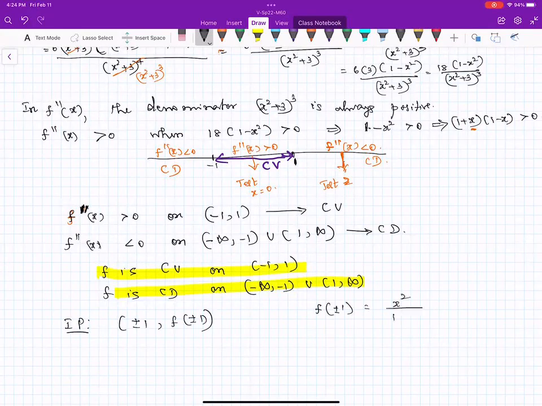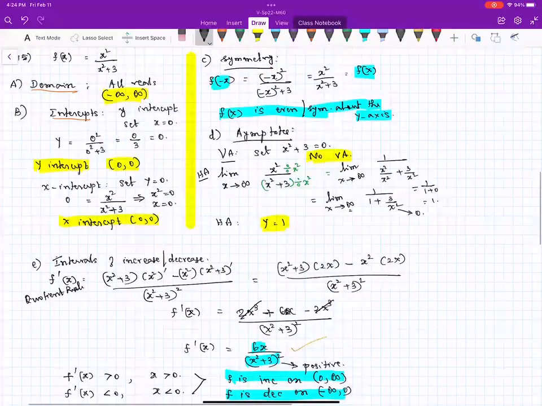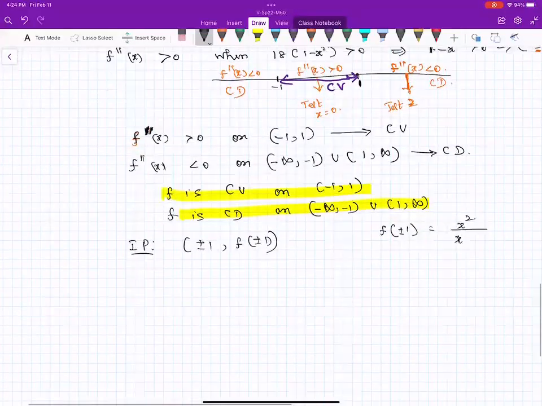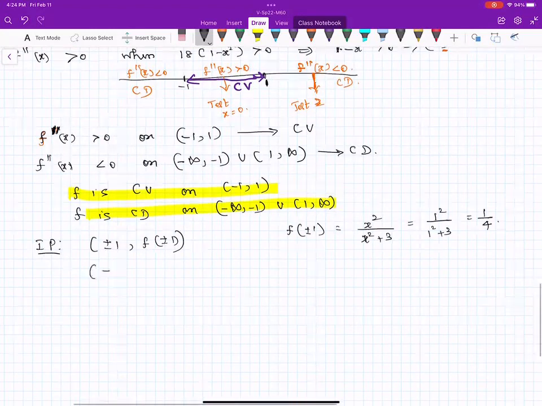What is the function? x squared over x squared plus 3. Suppose you plug in 1, so it's 1 squared over 1 squared plus 3, which is 1 over 4. So irrespective of the sign of the x coordinate, the y coordinate is always positive because the function is an even function. So it is plus or minus 1, 1 over 4. Those are the inflection points.